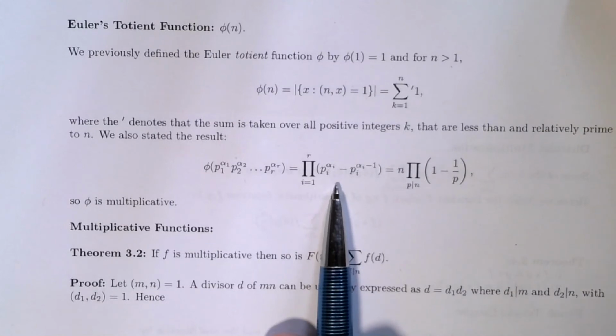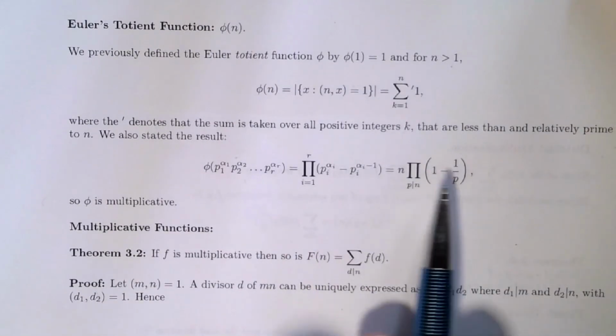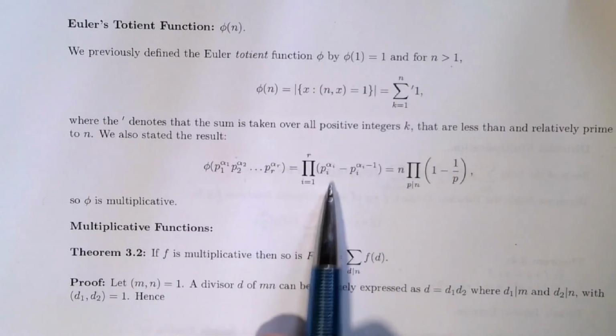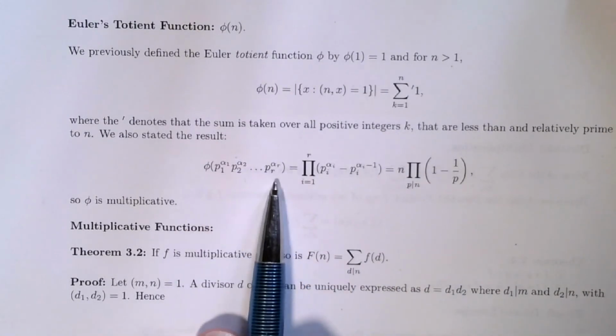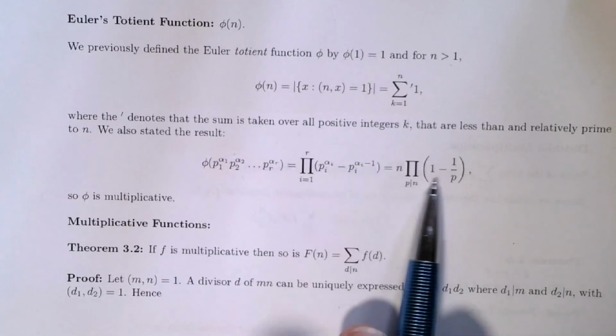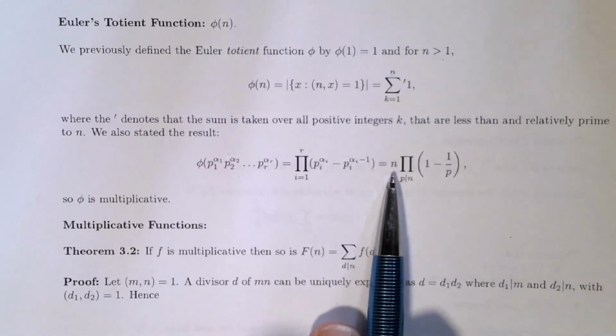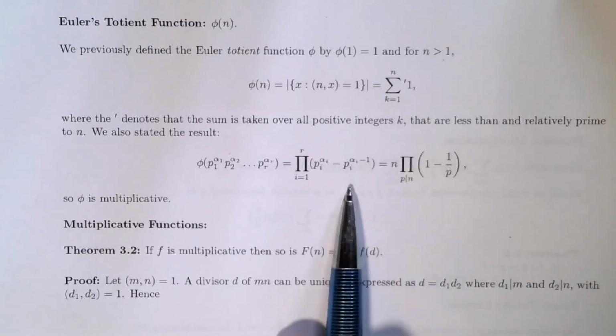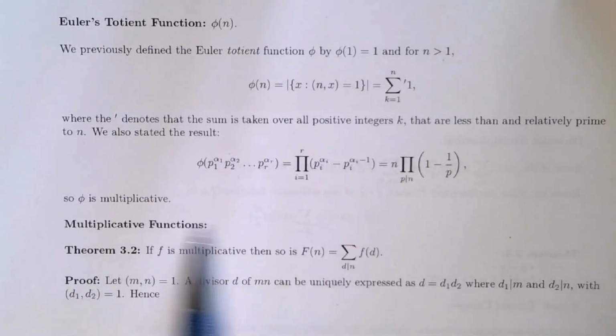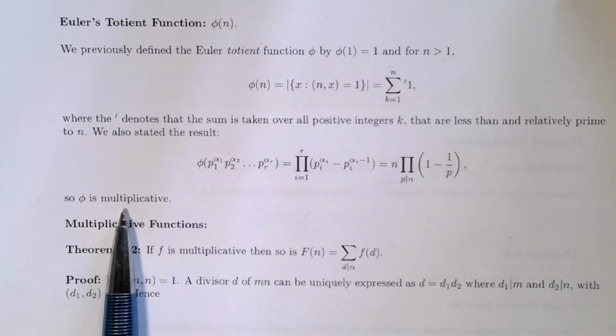And another way of writing that is to take out the p1 to the alpha 1 up to pr to the alpha r, and then we're left with just the product of 1 minus 1 over p, over p dividing n, times n. We saw that before in the earlier chapter. Now this phi also is multiplicative, so that's a useful fact.